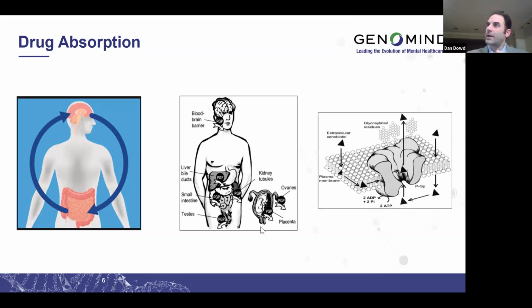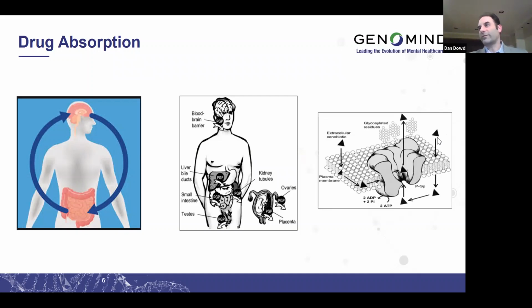I didn't actually state that correctly. What PGP actually does is take toxins and spit them back out after they have crossed a biological membrane. If you look at this image to your right here, the triangle is some type of drug or some type of toxin.